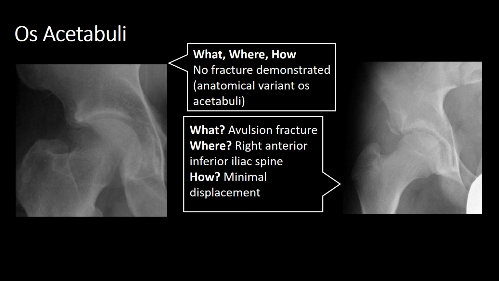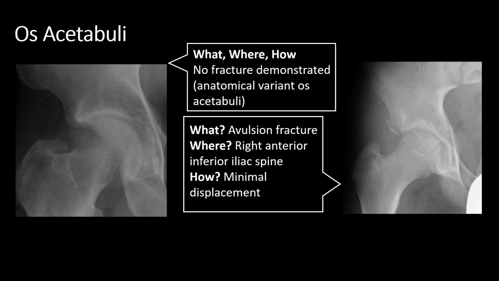So it's an avulsion at the insertion of the rectus femoris. We can see that the fracture site is irregular, it's sharp. The bone has been torn off due to marked traction of the muscle.